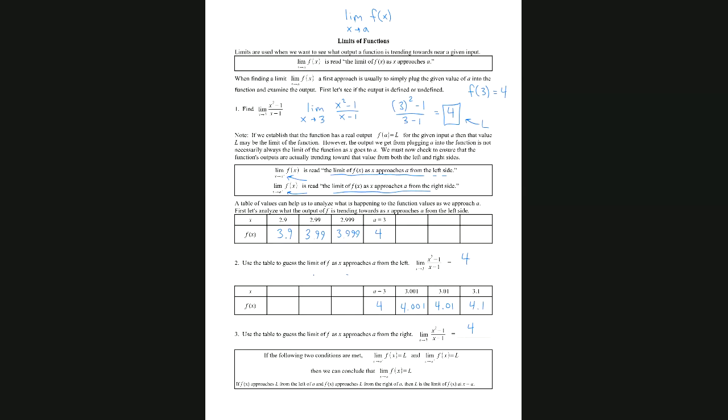If we find that the limit of the function as we approach from the left side is equal to one value, and the limit of the function as we approach from the right side is equal to that same value, then we conclude that the limit of the function as x approaches a is the value L. And that finally answers the question.